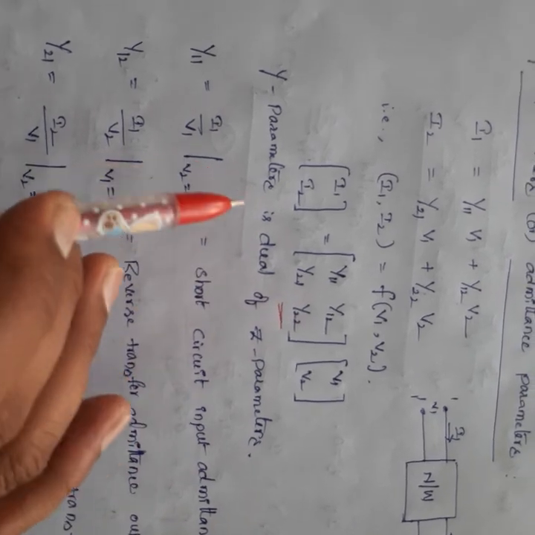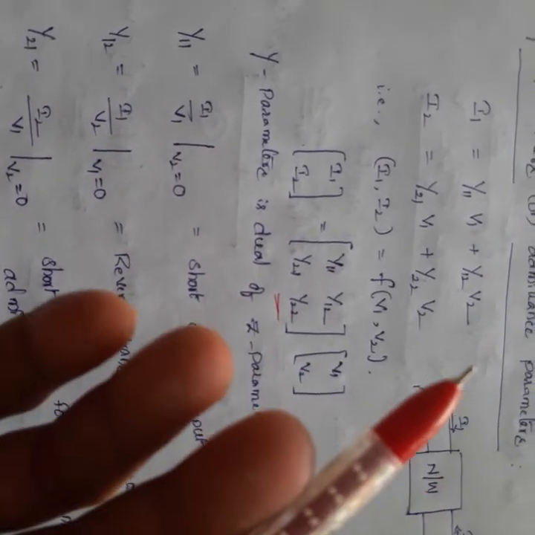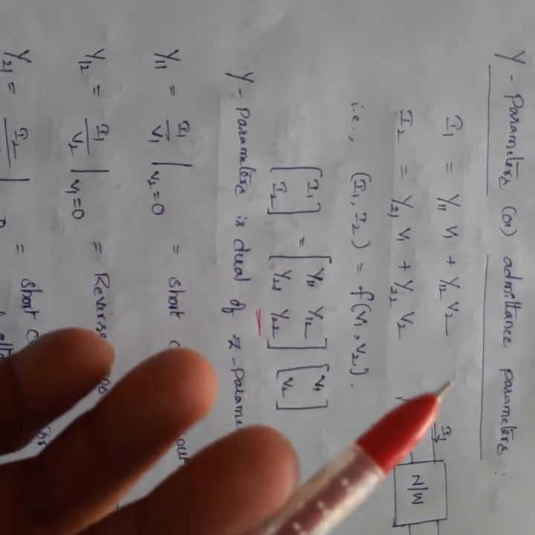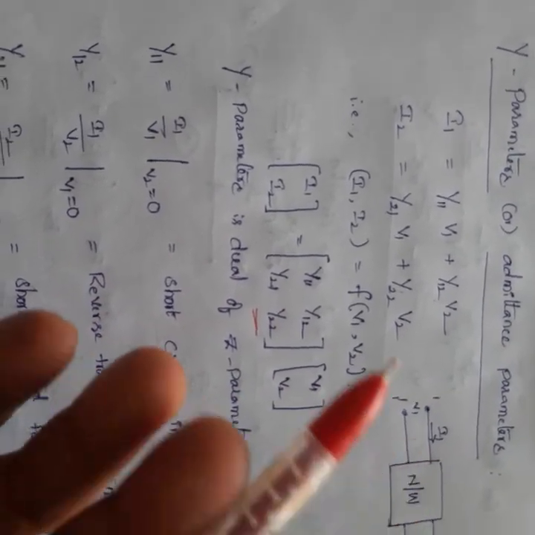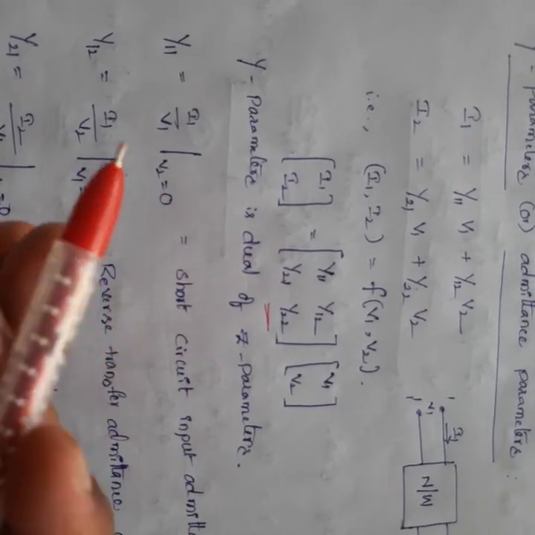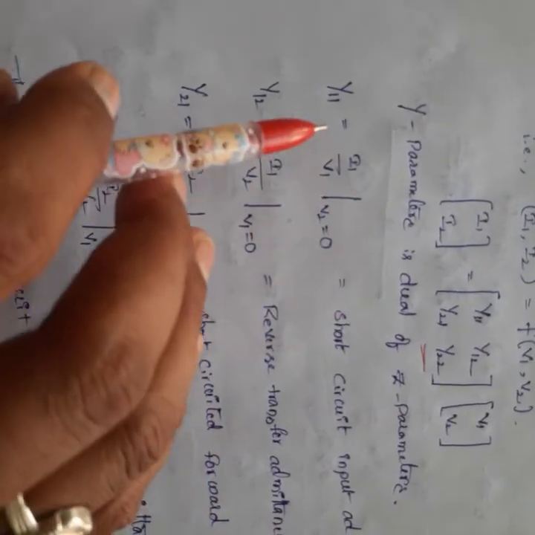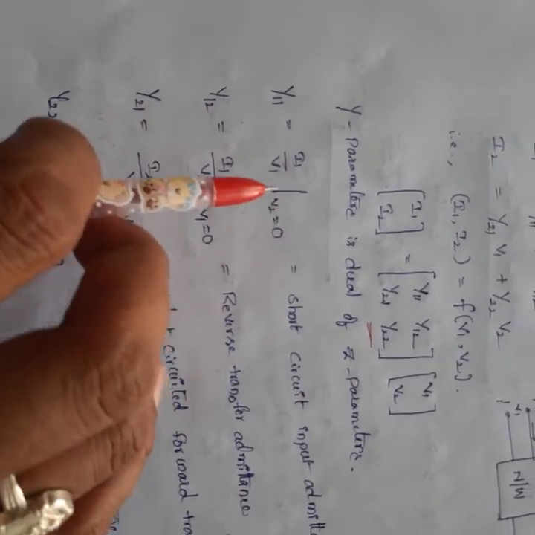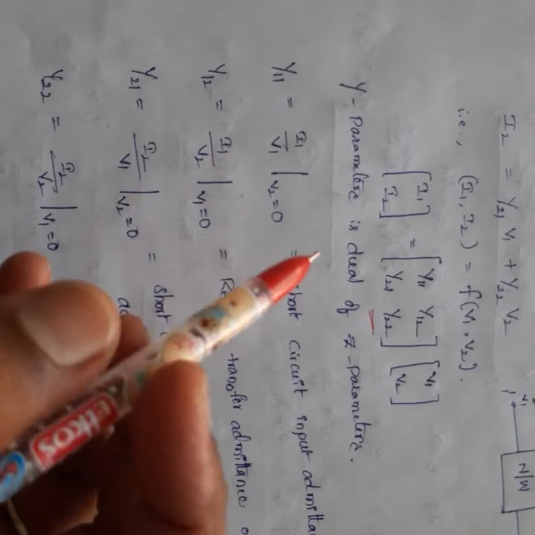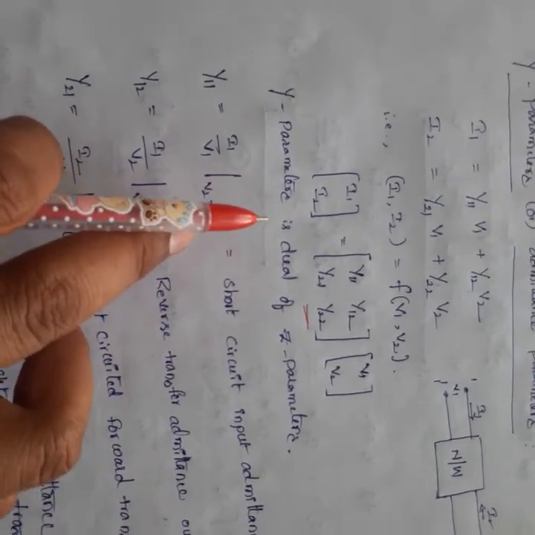For the calculation of the Y parameters, we simply minimize the equations, that is, we make one of the variables zero in the above equations, so that we can calculate Y11, Y12, Y21 and Y22. For the first case, I am taking V2 equals 0.